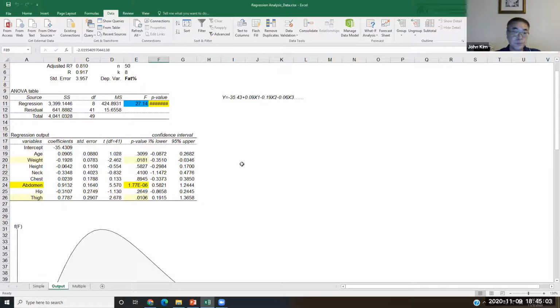So if we use MegaStat to develop this regression analysis, then MegaStat indicates by color, bright yellow. Look at this. It means reject the null hypothesis in the individual test.